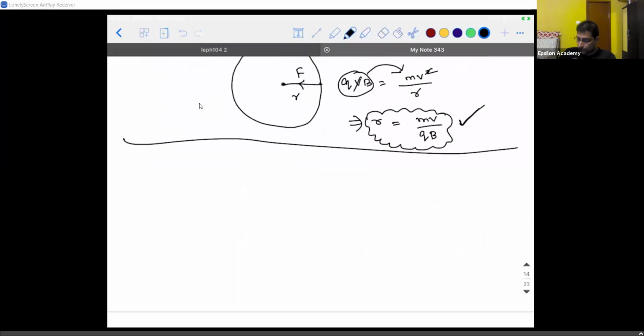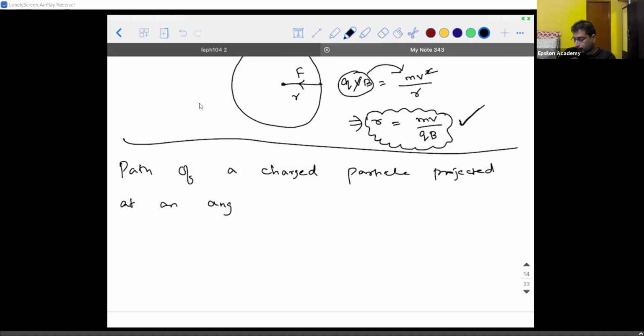Write down the heading: path of a charged particle projected at an angle other than 0 degree, 90 or 180 degrees. What is going to happen?